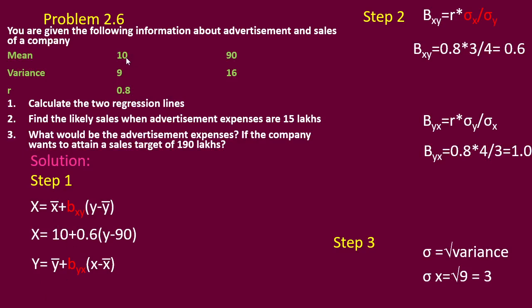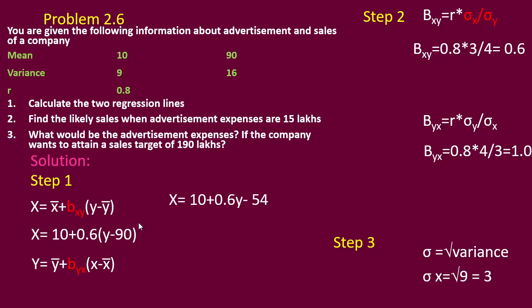So just apply the values to the regression equation. X bar, mean of advertisement, that is 10, and mean of sales is 90, y bar. We have considered advertisement as x and sales as y. So x minus 10 equals 0.6, bxy which we have found out here, into y minus y bar, that is 90.